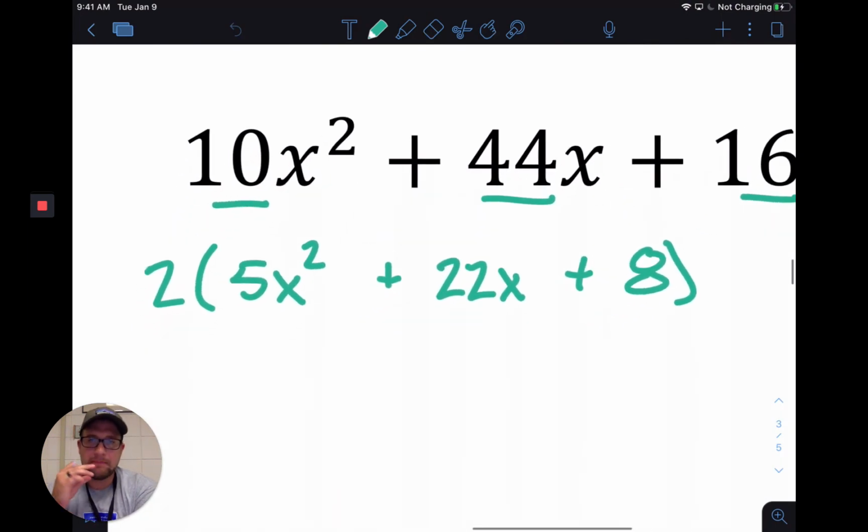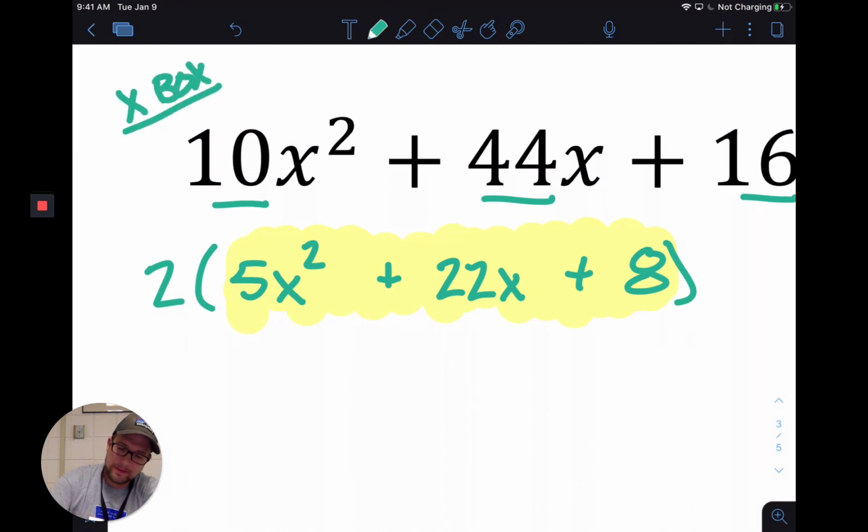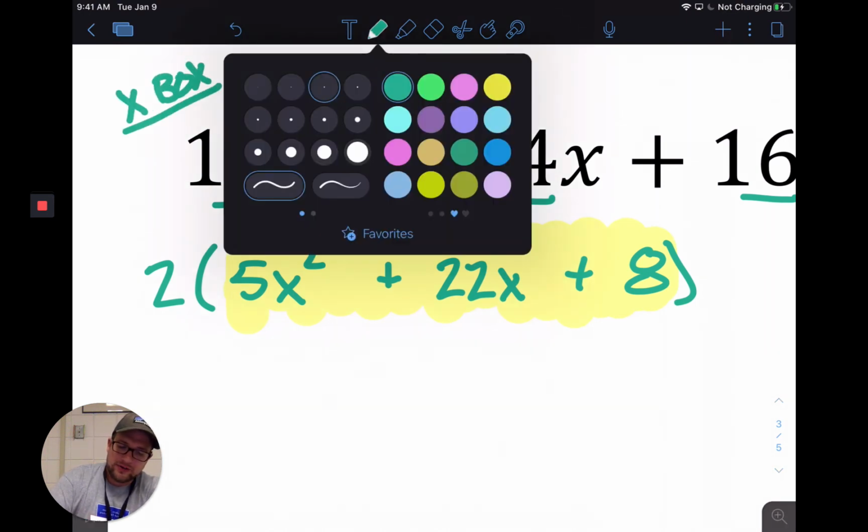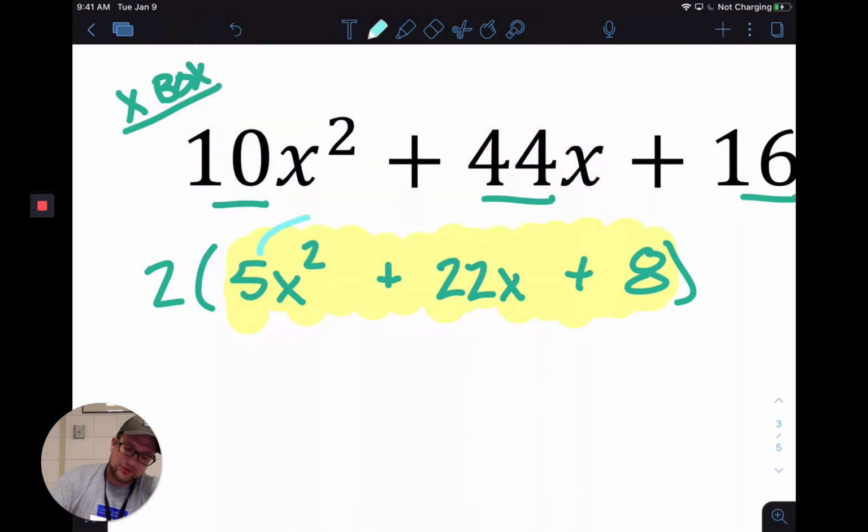Now, looking back at this, when we reevaluate the inside here, we do notice that this is still an x box problem. We've not eliminated that 5 that's in front of the x squared, so we need to do the x box method. Now, again, to do the x box method, you need to first multiply your a and your c terms.